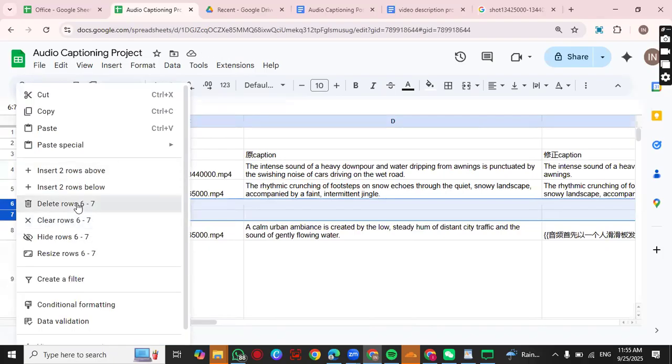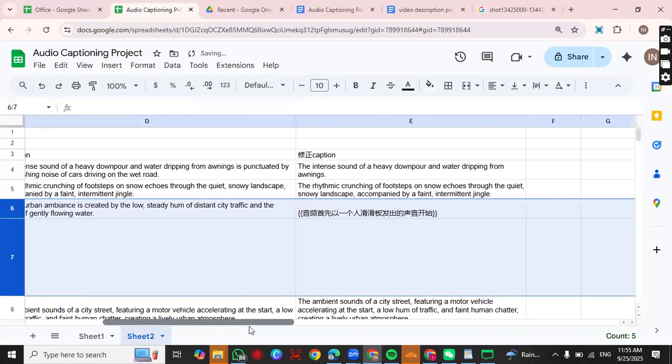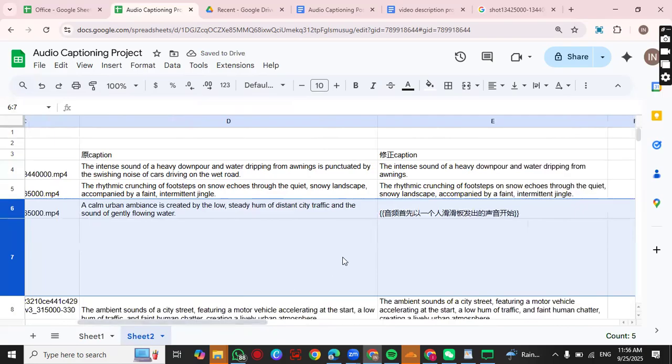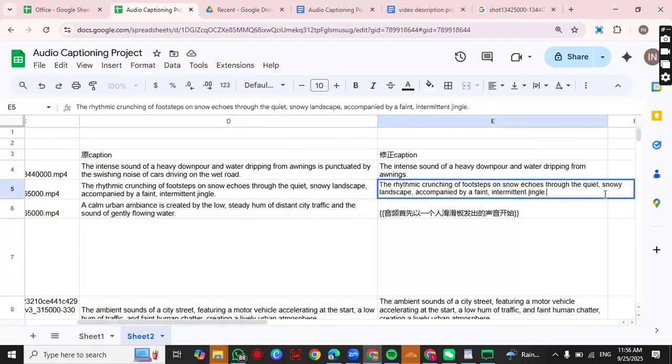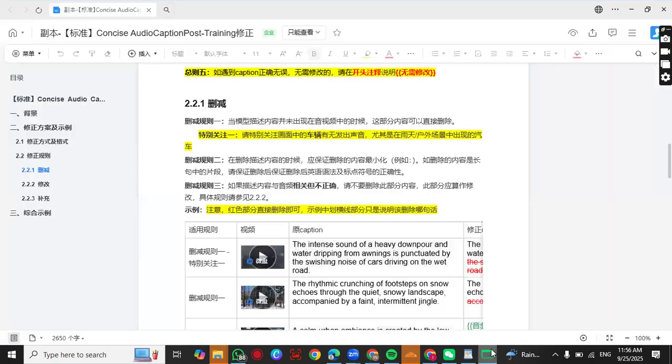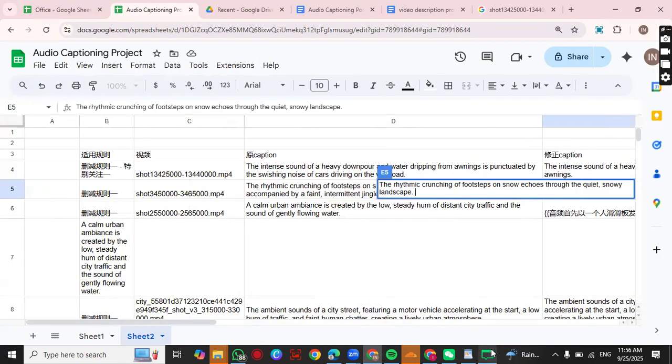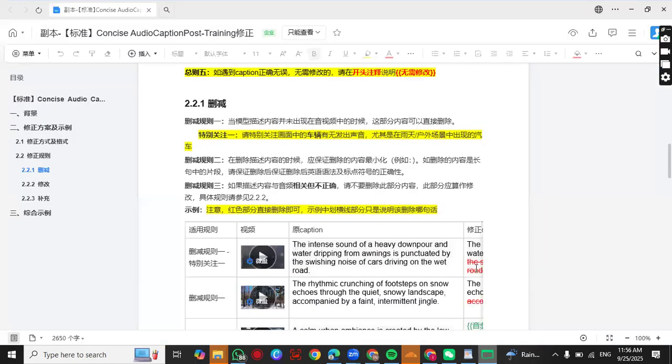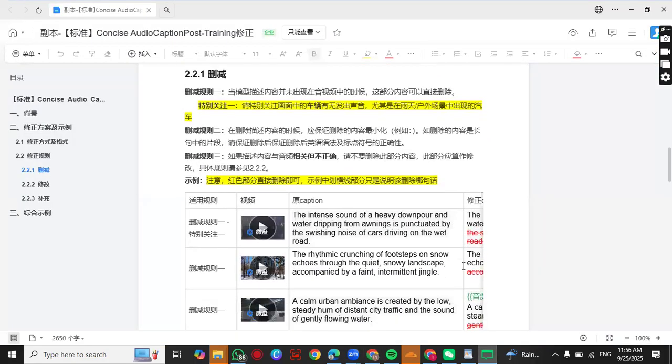It was very quiet, only the sound of the footsteps was there. So what we are required to do is delete this one. Okay, that's it. These are the examples of the delete option.